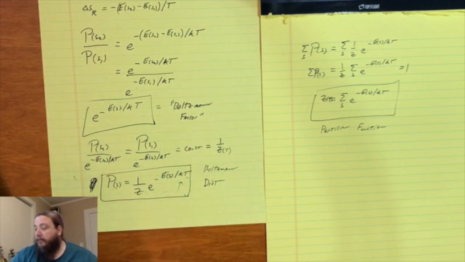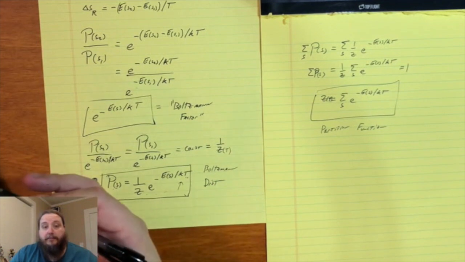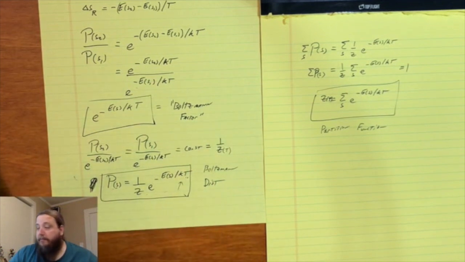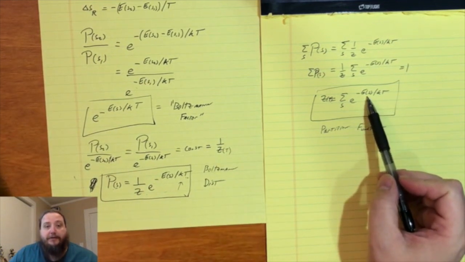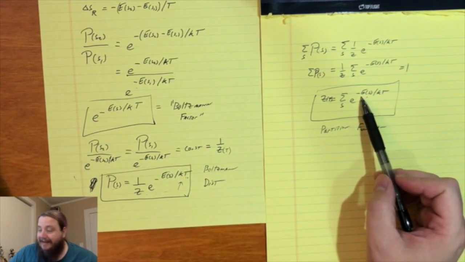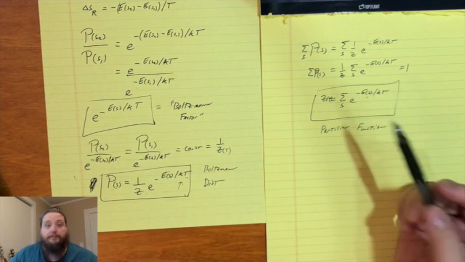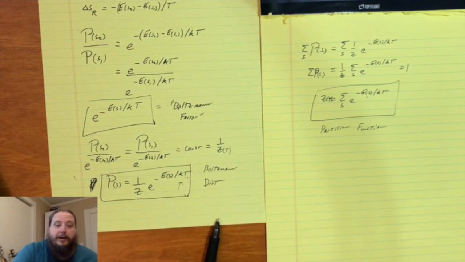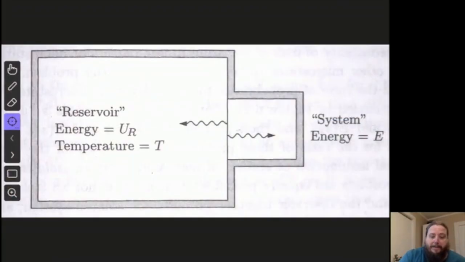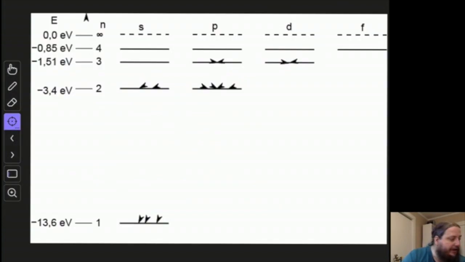So if you want to calculate the relative probabilities or the total probability of a system being in any particular state, all you have to know is all of the energy levels and all of the states that are possible in that particular system. In other words, you have to be able to make a diagram like this.